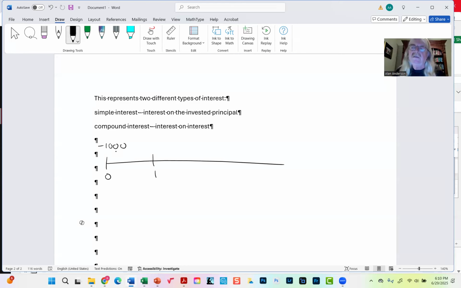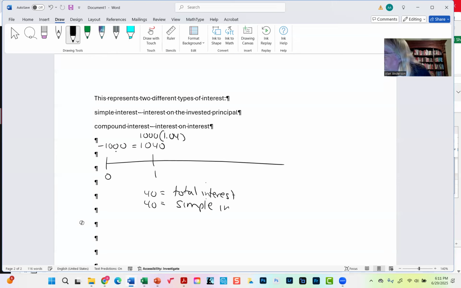At the end of the first year, we're going to have 1,000 times 1.04, because remember, it's 4% per year. Now, clearly, $40 here is our total interest. Because all 4% of that was based on the original principal, all 40 of that is what we're going to call simple interest. There's no compound interest. Not yet.